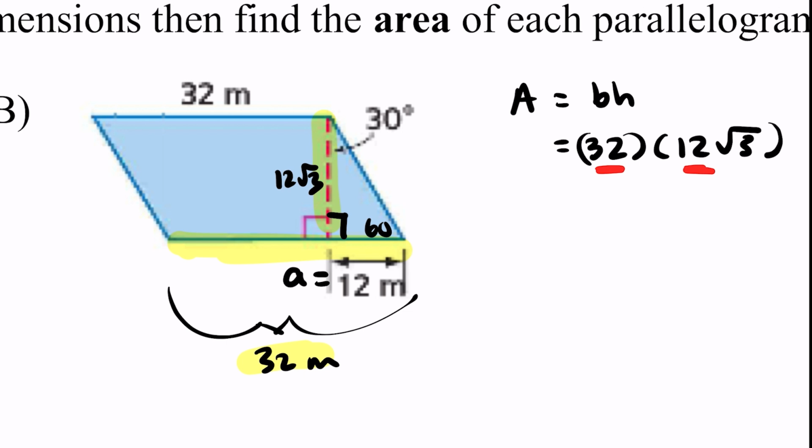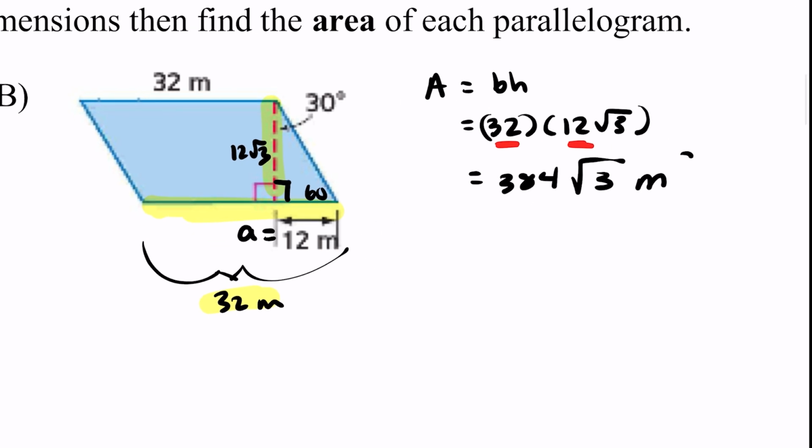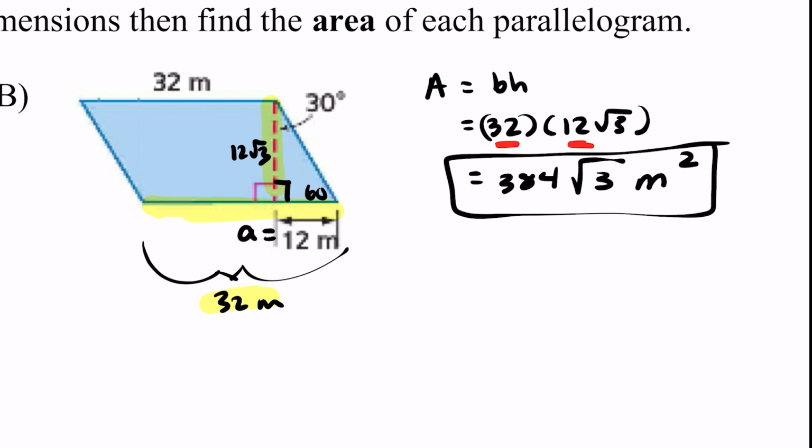Don't do that. So it's 32 times 12, which is 384, and then you slap on the root 3. So it's 384 root 3, what? Square meters, right.